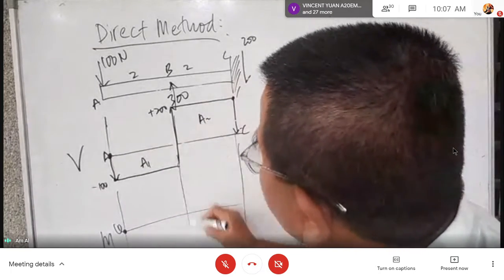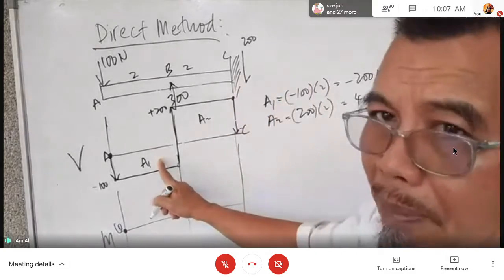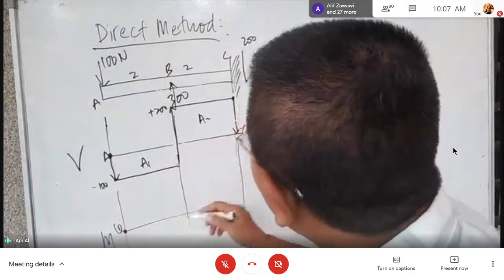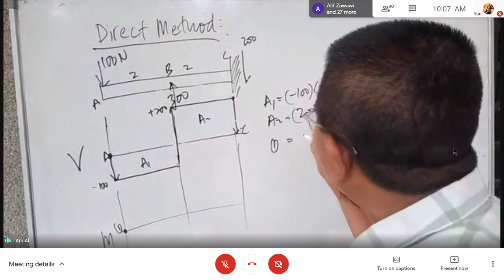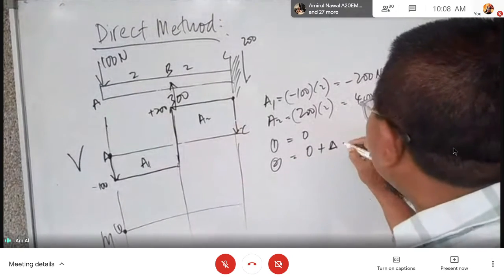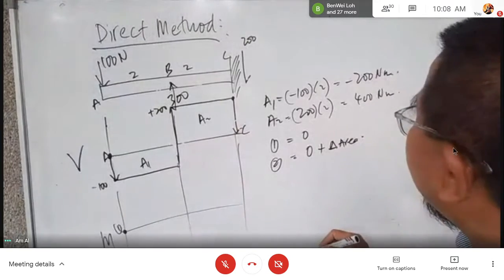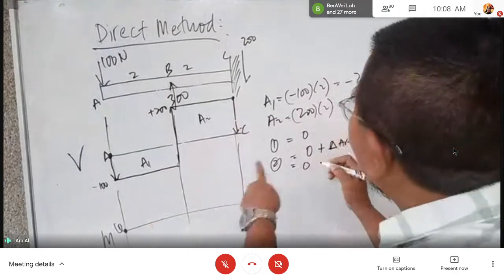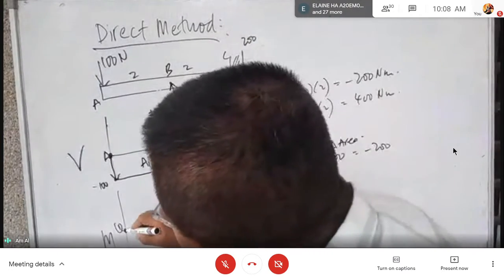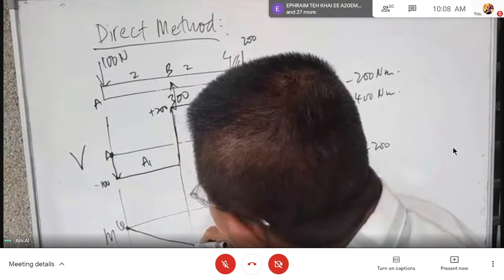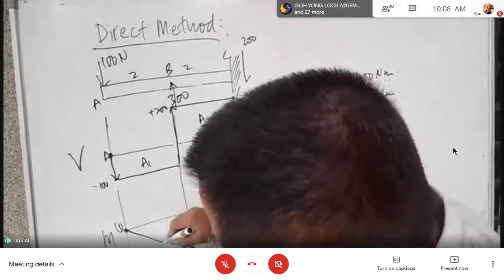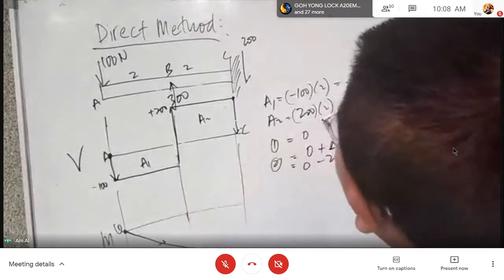I want to go to point B. This is going down, negative. So point 2 is equal to 0 plus the change in area. The change in area is 0 minus 200, so the value is minus 200. So go down by the value of 200.